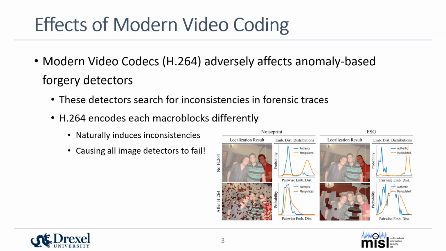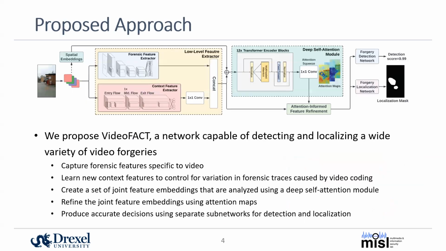However, as we see in this illustration, modern video codecs encode each macro block dynamically, causing each macro block to have different compression parameters. This is detrimental because it naturally induces inconsistencies within a frame, causing all image detectors to fail.